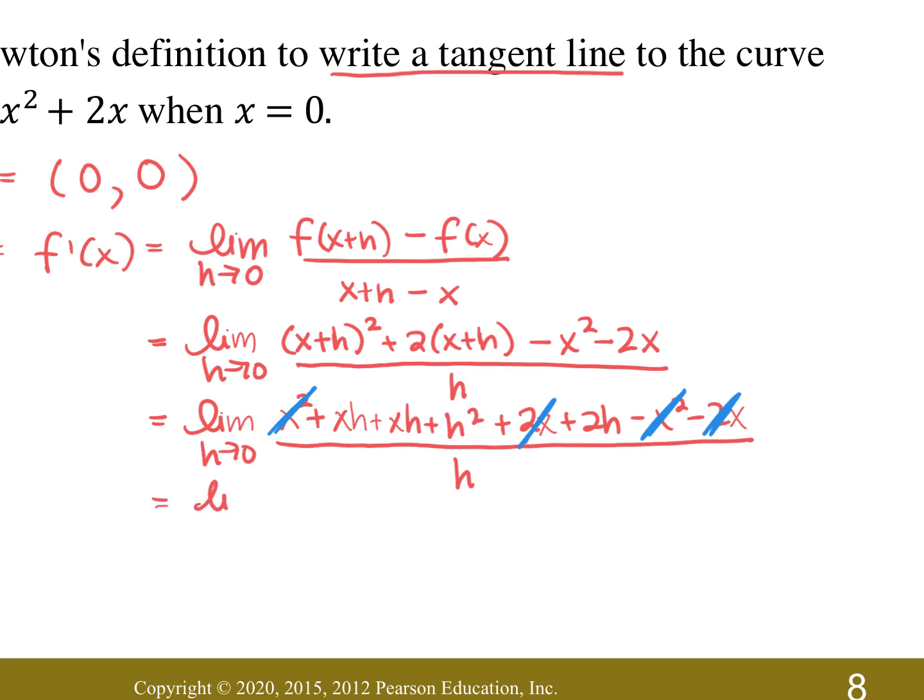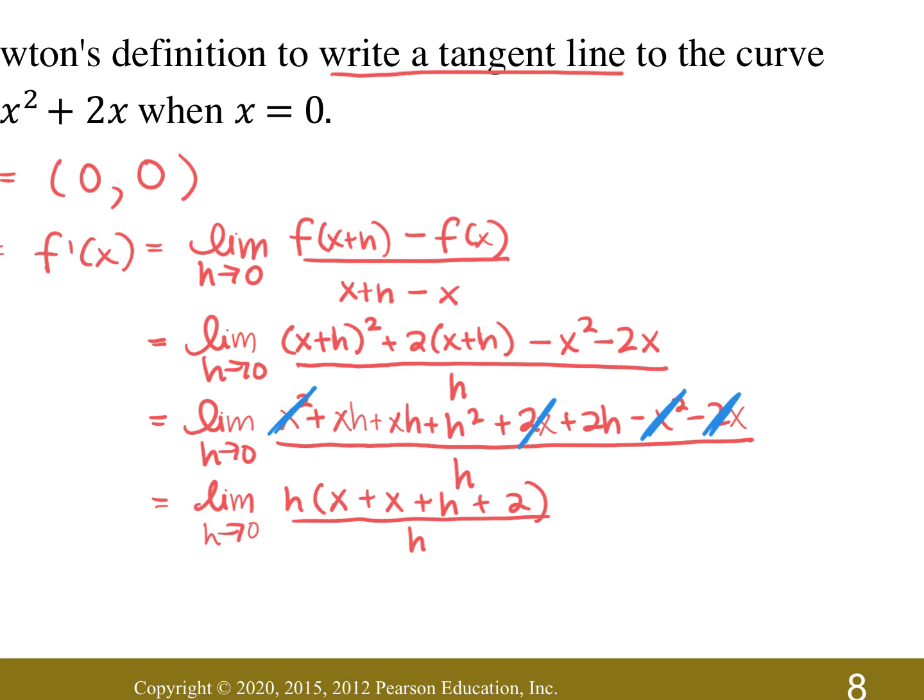So then we can say if I factor, because if you plugged in right now, you'd get 0 over 0. We need to factor. So I'm going to take an h out of every term. So that'll give me an x plus an h left over plus a 2, all over the denominator that's still h.